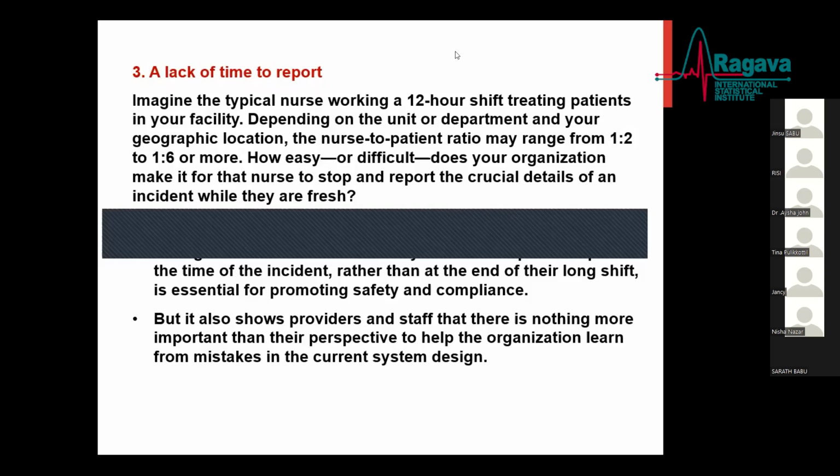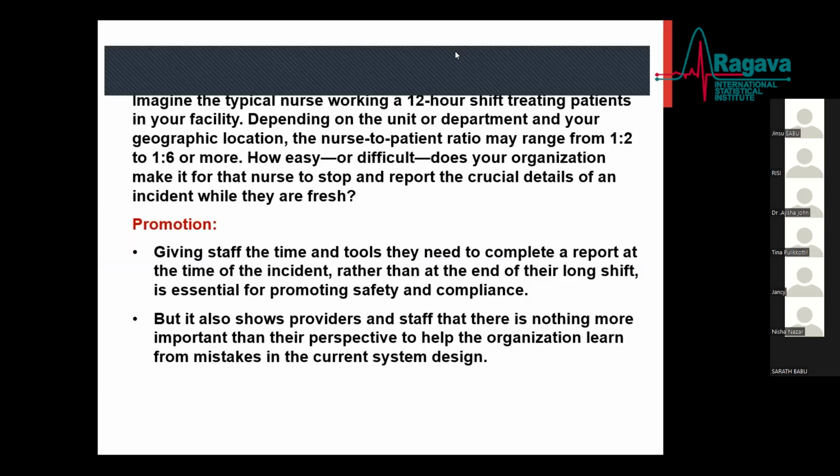How do we promote this? Giving staff the time and tools they need to complete a report at the time of the incident rather than at the end of their long shift is essential for promoting safety and compliance. It also shows providers and staff that there is nothing more important than their perspective to help the organization learn. There are 2 ways of learning: learn from your own mistakes, and learn from others' mistakes.